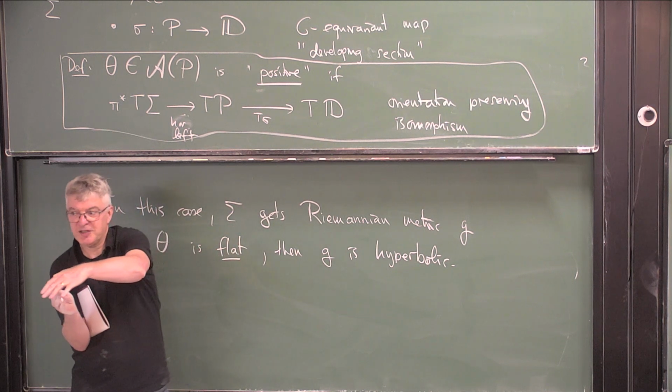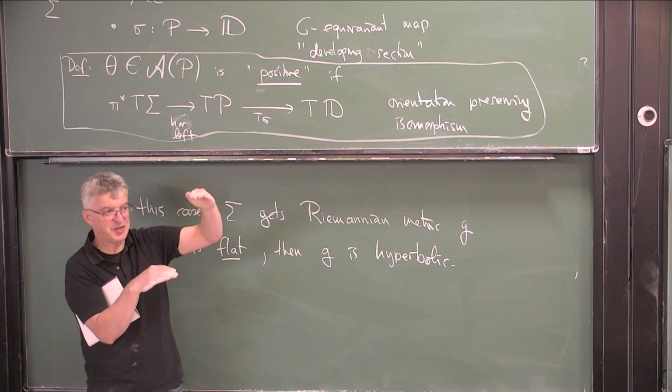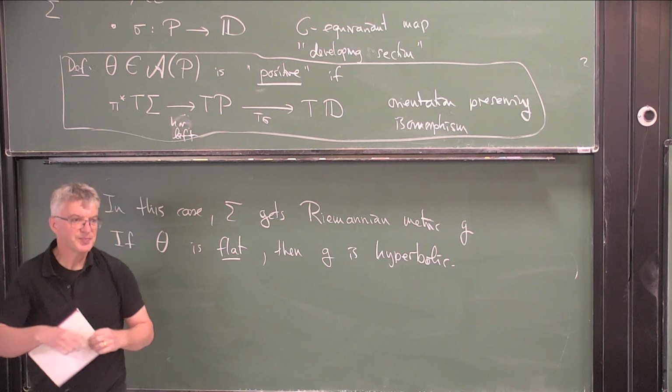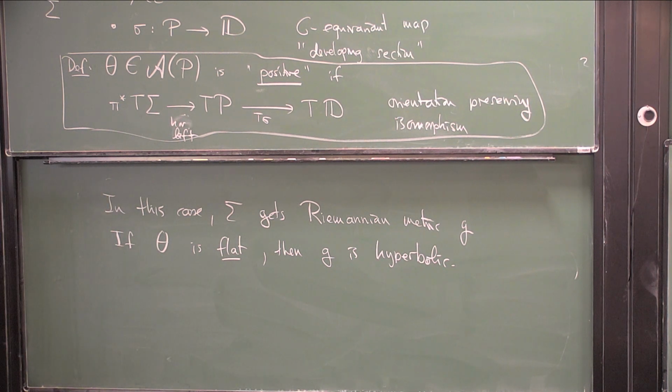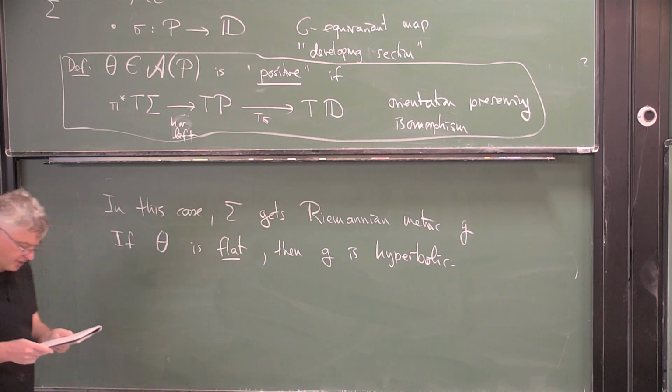So I can just pull back the hyperbolic metric on D to a hyperbolic metric on the horizontal foliation, and everything is G equivariant, so it descends. Right, so in this way we get some relationship between hyperbolic metrics and flat connections in a very clear way.